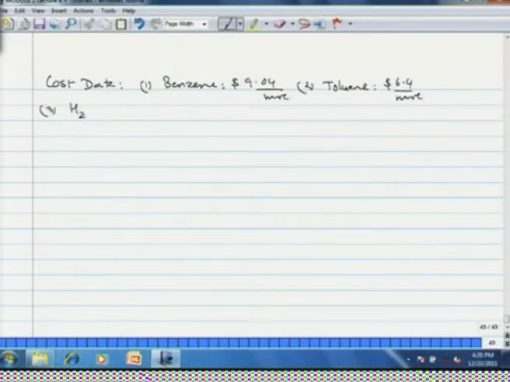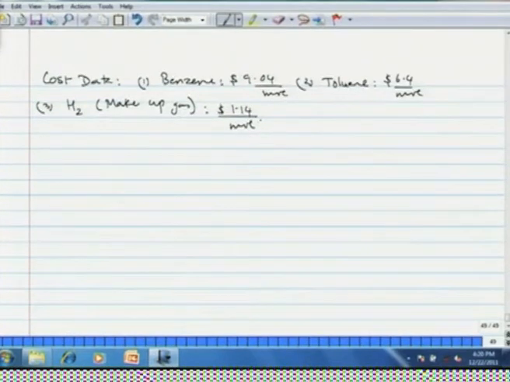Hydrogen, which means we say this makeup gas, which includes methane as impurity, can be taken as $1.14 per mole. The fuel cost is $4 per million BTU.